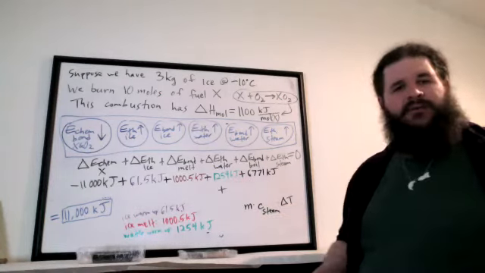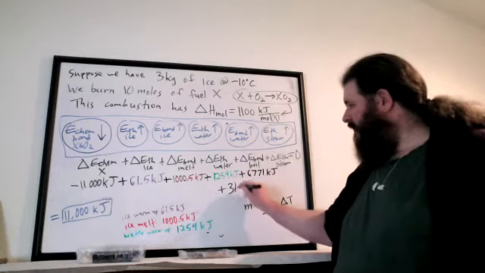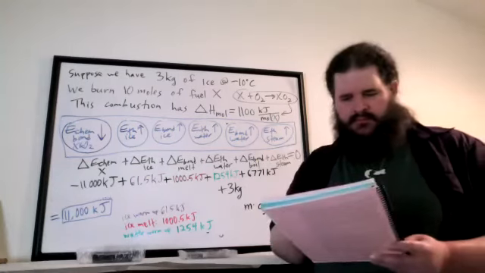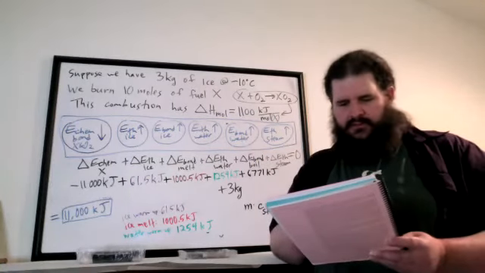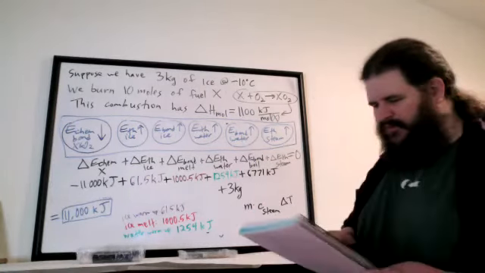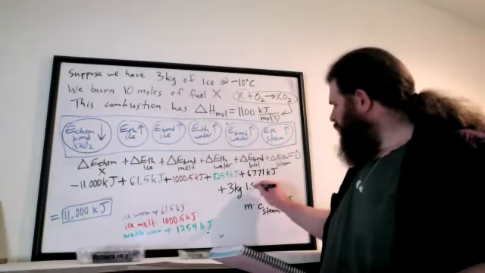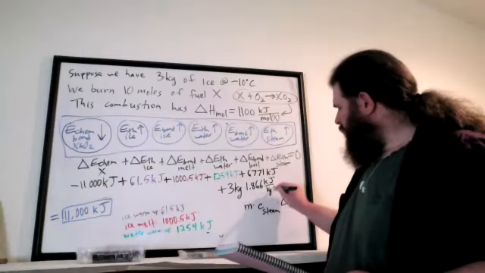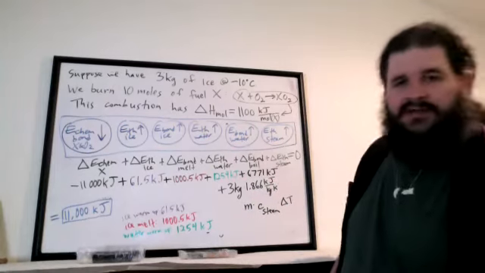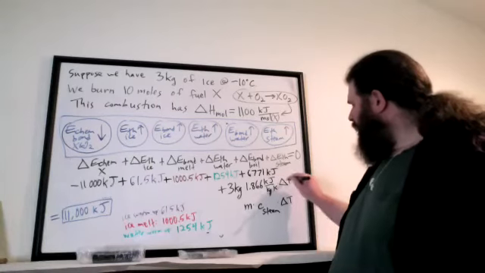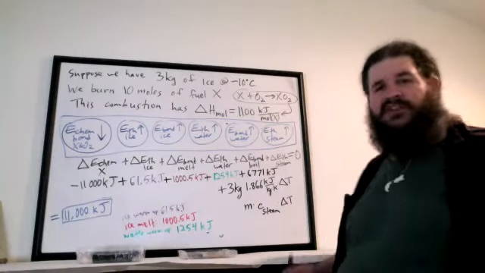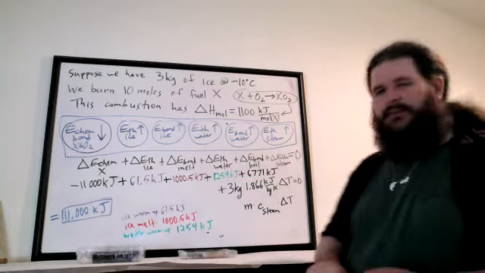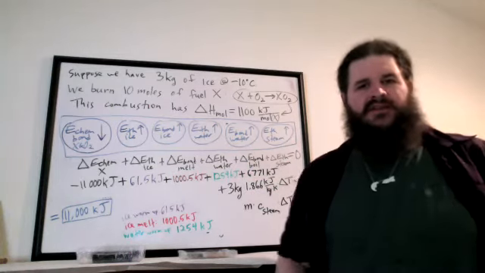We're assuming we now have 3 kilograms of steam because it has all turned into steam. Specific heat for steam is 1.866 kilojoules per kilogram Kelvin, times an unknown delta temperature, because we don't know how much the steam's temperature is changing. So these terms all have to add up to 0. Any questions on that setup so far?